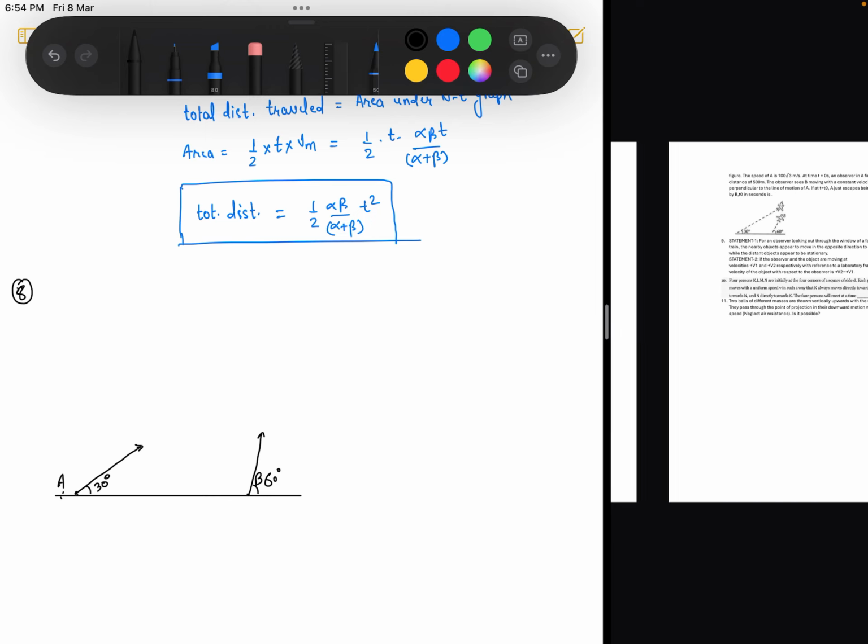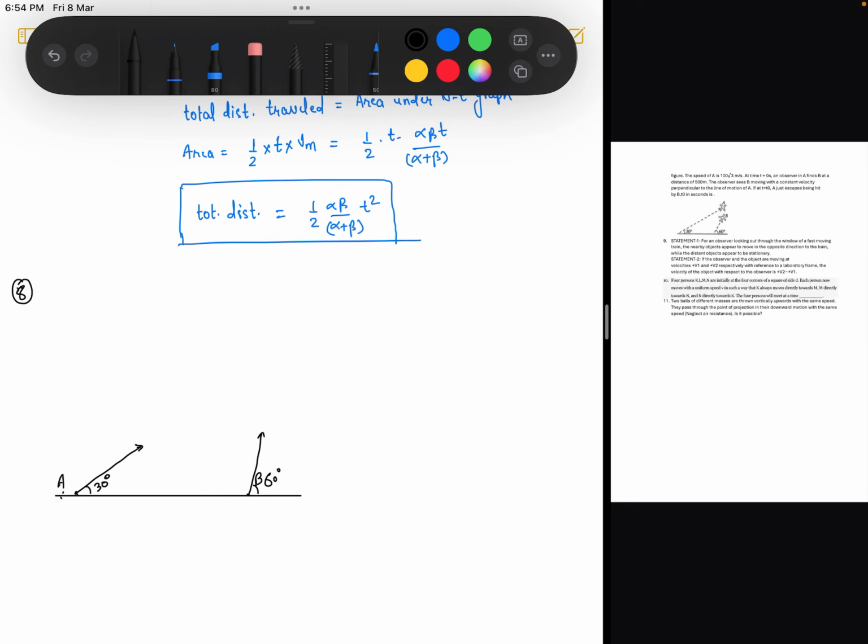Now what we have to do: the speed of A is given, v is equal to 100 root 3 meter per second. At t is equal to 0, an observer in A finds B at a distance of 500 meter.